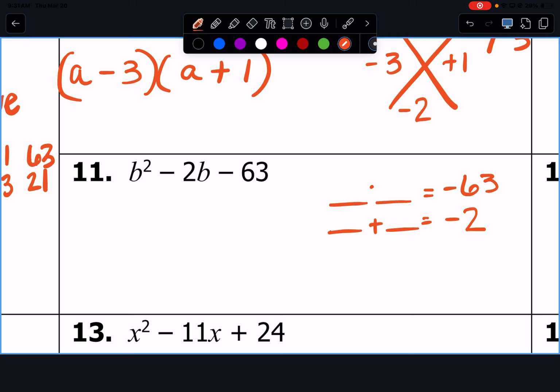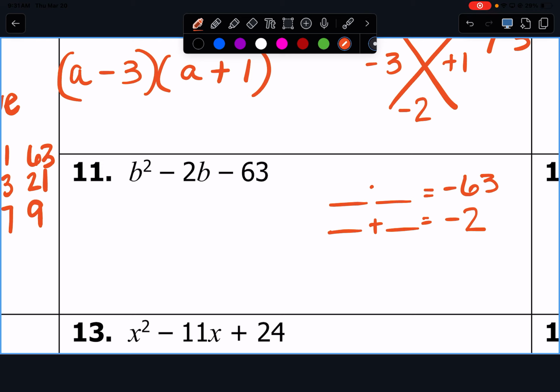5. 6. 6 and what? Can 7 go in? 9 and 7. That's what I was thinking.